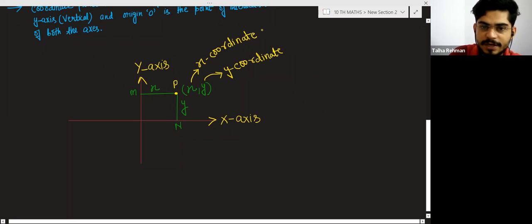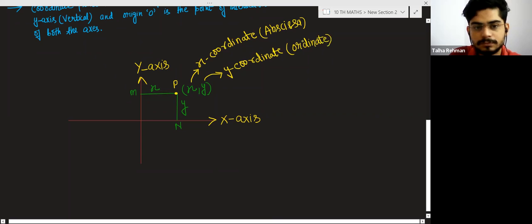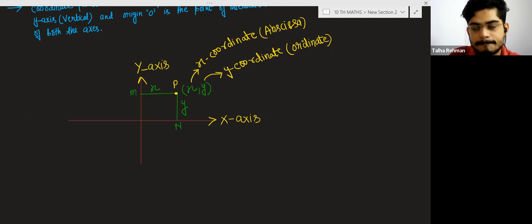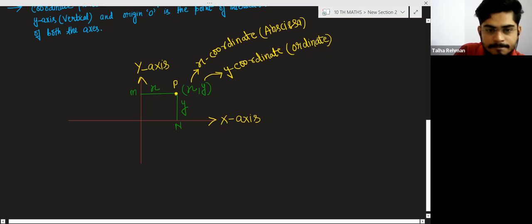This x coordinate is known as abscissa, and this y coordinate is known as ordinate. So this is a point P, and this point P has x coordinate and y coordinate.